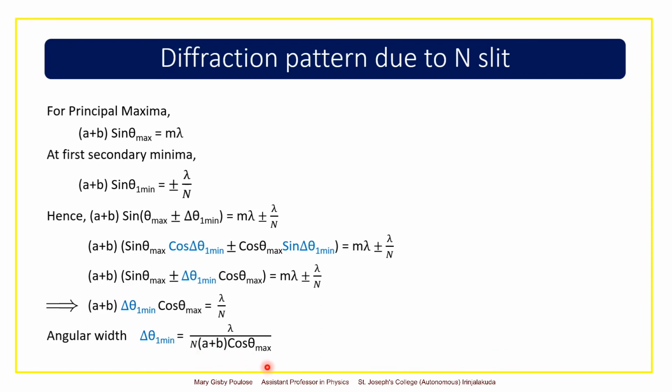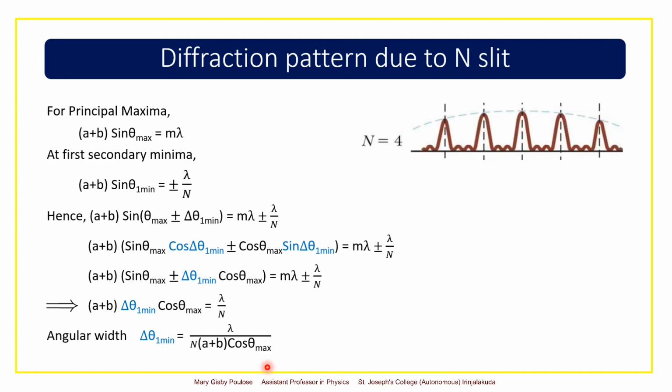That is, the angular width for each principal maxima is given as lambda divided by n (A plus B) cos theta max. The angular width is directly proportional to the wavelength and inversely proportional to the number of slits n, the slit width A, the distance between the slits B, and the diffracting angle theta.